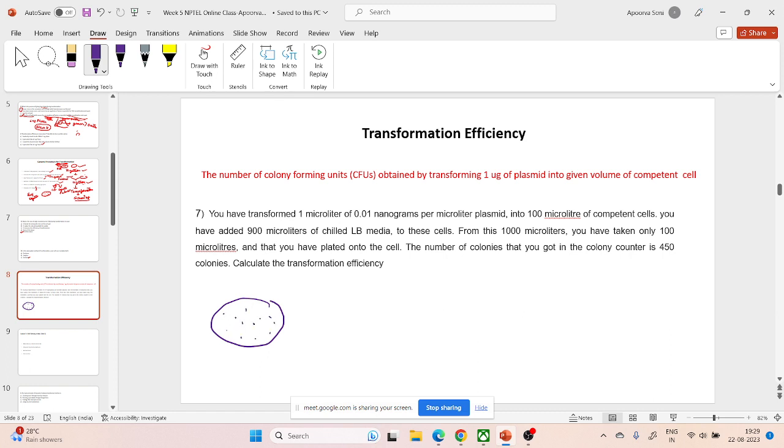So you have to see the number of colony forming units, meaning the number of colonies that are formed by transforming 1 microgram of plasmid into a given volume of competent cells. Number of colonies per microgram of plasmid. This is very important, per microgram.